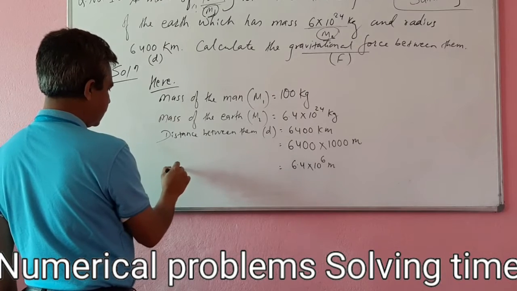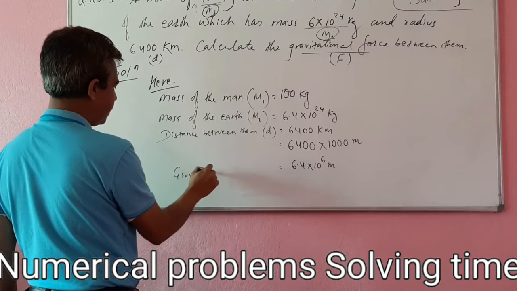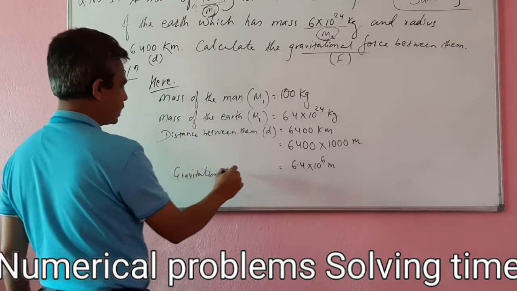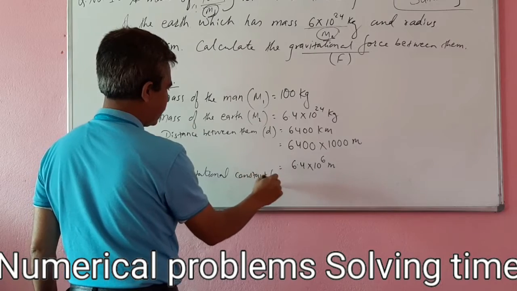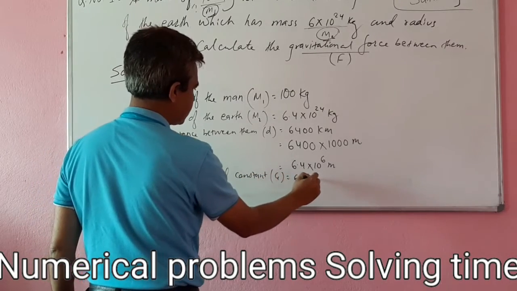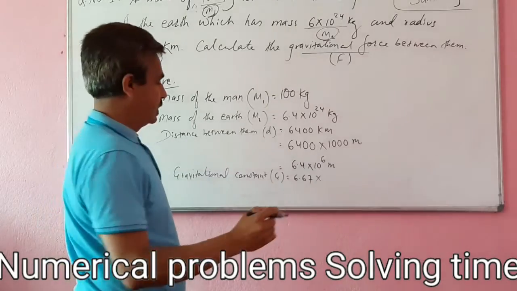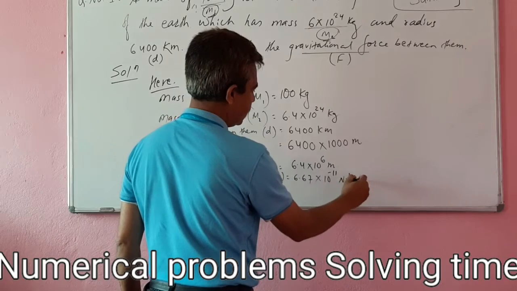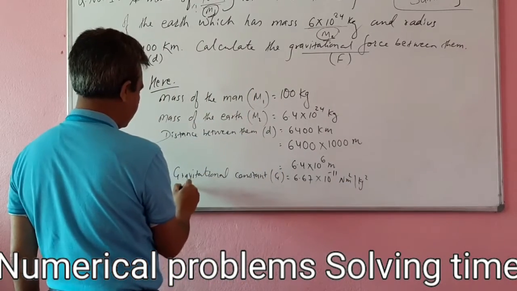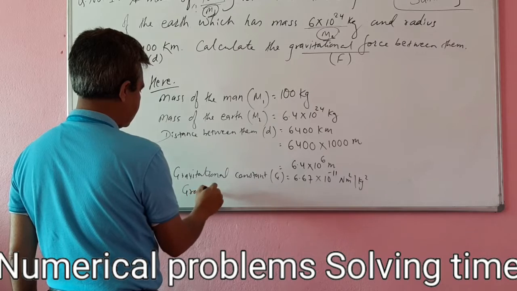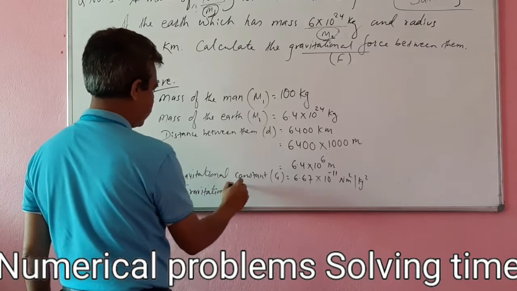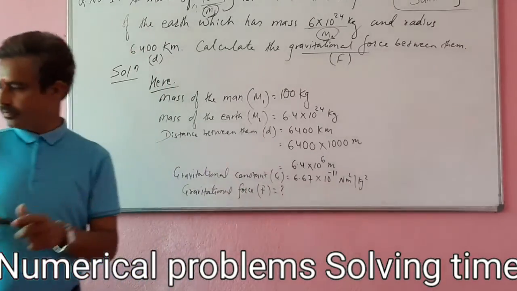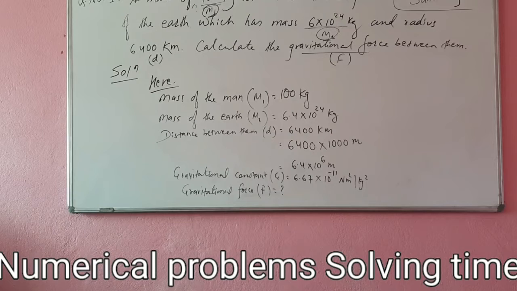Next thing, gravitational constant, capital G equals 6.67 times 10 to the power minus 11 Newton meter square per kg square. And what to calculate? Gravitational force. F equals what?